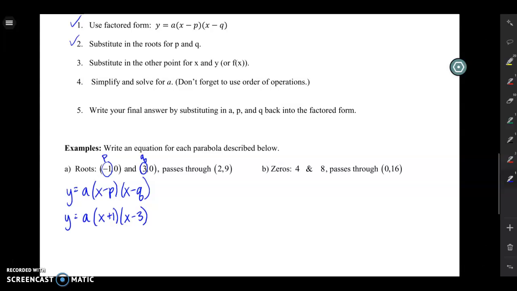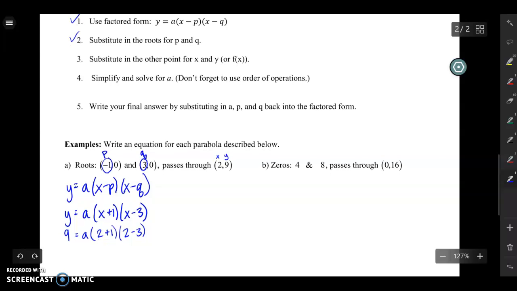Now I'm in a similar spot to before, where I have three variables left: a y, an a, and an x. I want to figure out what a is, so I'm going to take the point that I have and plug it in for x and y. Come back down here and make it 9 equals a times 2 plus 1 times 2 minus 3.